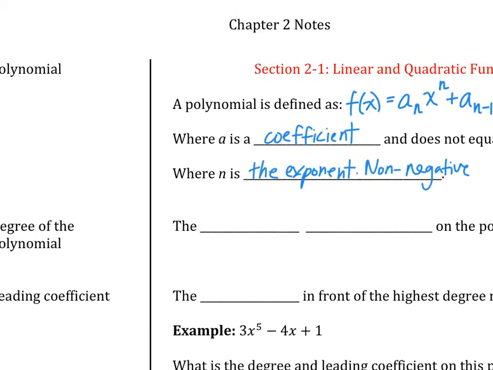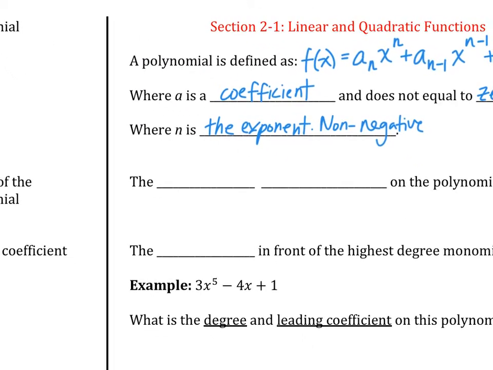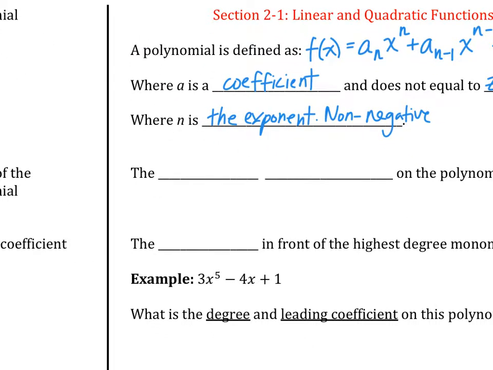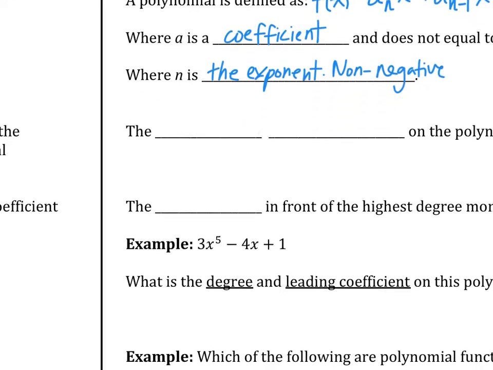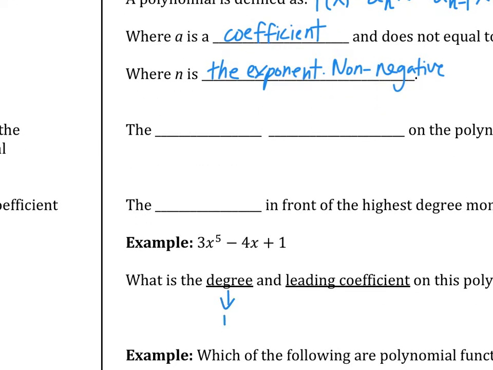Degree. Let's kind of review. For example, let's look at this polynomial here: 3x to the 5th minus 4x plus 5. What is the degree of this polynomial? 5. Yeah, the degree is 5. Why is it 5?